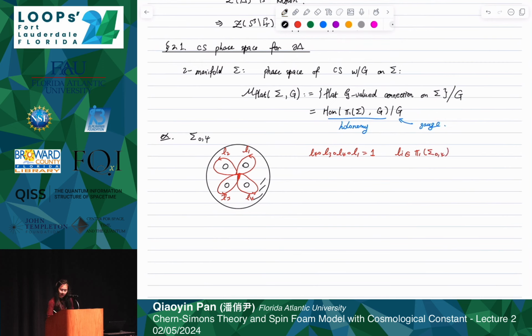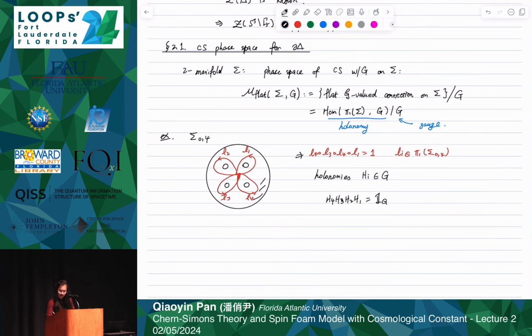And this homomorphism is just to write the holonomies along these loops, and each holonomy takes its value in the group G. This condition can be written as a closure condition: H4, H3, H2, H1 equals the identity in the group G.